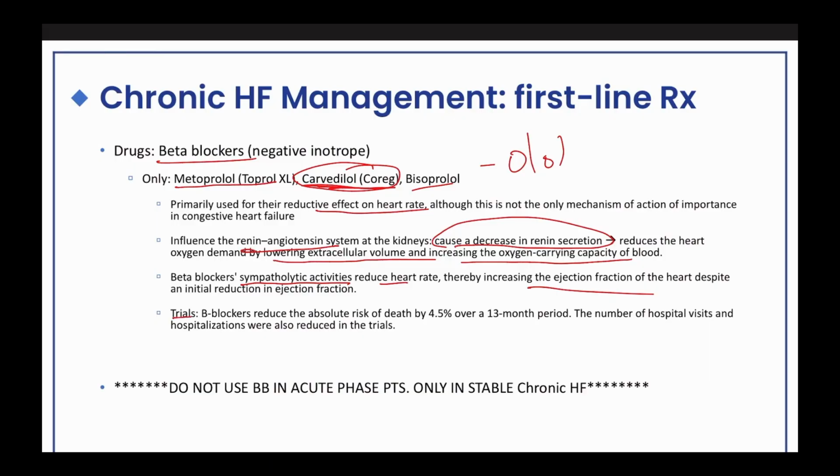In trials, beta blockers have shown to reduce the absolute risk of death by 4.5% over a 13-month visit. Also, as I said before, hospital visits and hospitalizations were also reduced. We don't want to readmit a patient with heart failure when you just send them home. It means you didn't treat them well enough, or you didn't adequately cover them or get them in control before they left.